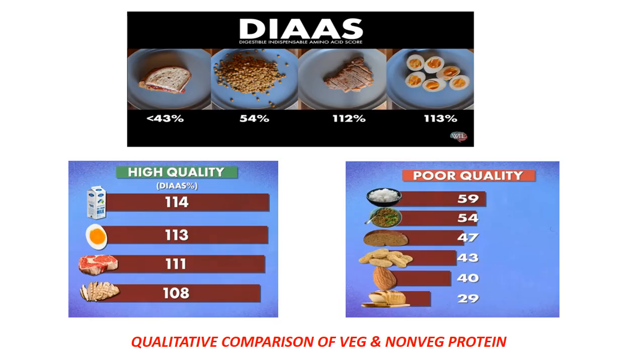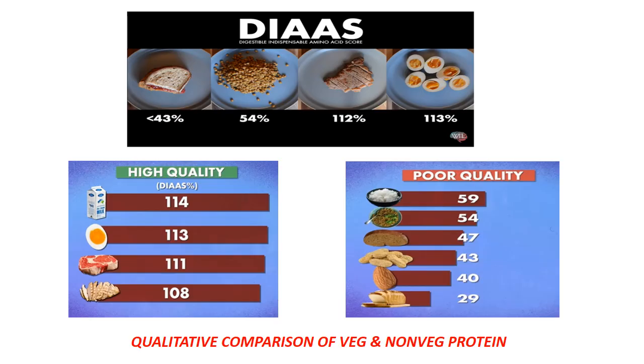Now to compare these two sources of protein, the modern way is the digestible indispensable amino acid score. This is a modern method to compare the quality of protein. The protein should be digestible and indispensable. So the presence of protein alone is not important; what matters is how much it is digested and how much it helps in supplementing the essential amino acids. Based on that, there is a scoring.